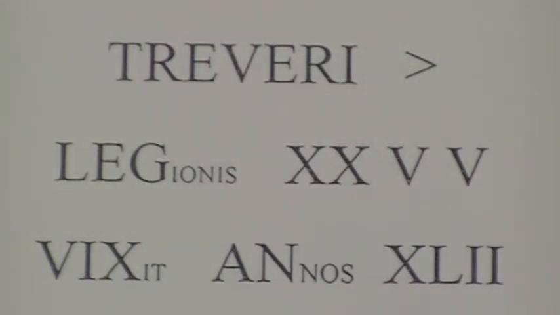Now the number is rather tricky, even with the aid of the Roman numerals list on the back of this. You might think that the numbers are XXVV. X is 10, X is 10, so that means 20. V means 5.